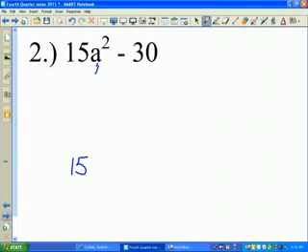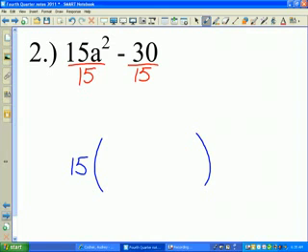Now let's look at the variables. I have 2 A's here. I have no A's here. How many A's do they have in common? None. So my greatest common factor right now is just the 15. So now we're going to factor. And the best thing for me to do is, the next step, I got to divide everything by my 15.